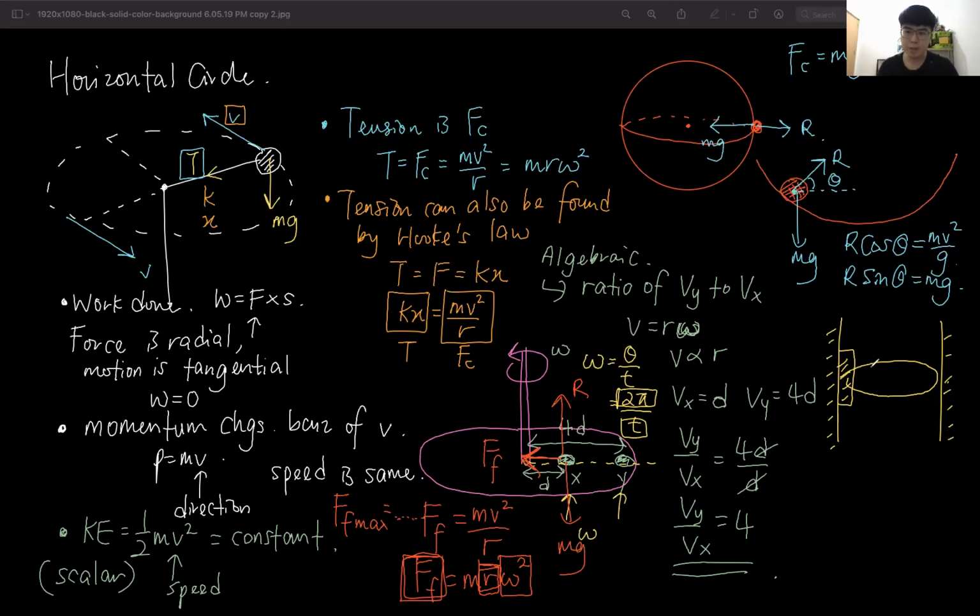Now how does it work? What are the forces that keep the person moving in a circle without falling? First, we have mg downward, because the person is touching the surface at the back, right? It seems like the person is clinging to the wall, being pinned on the wall when it moves in a circular motion.